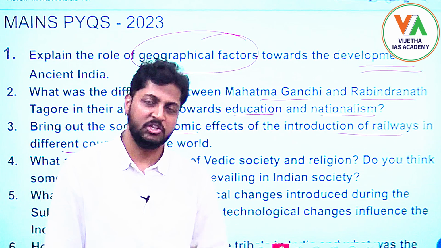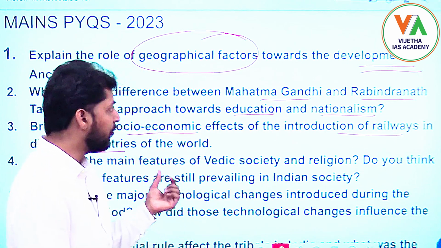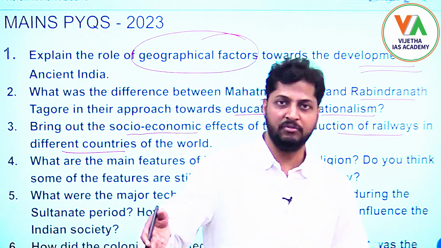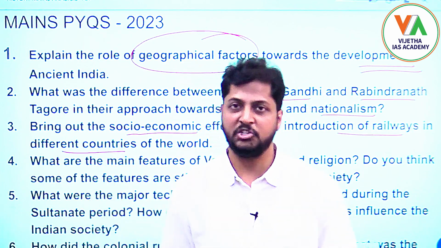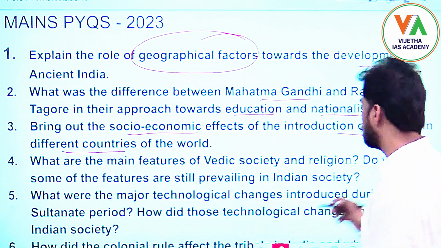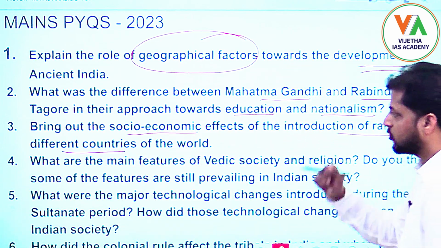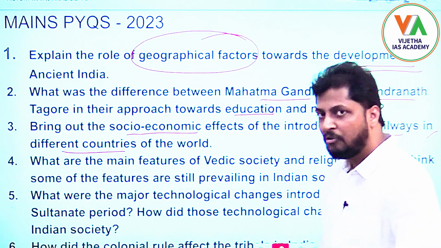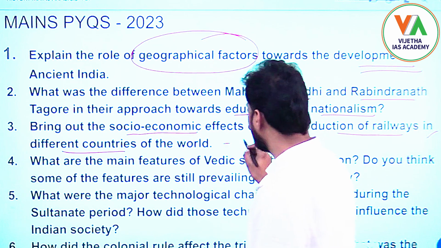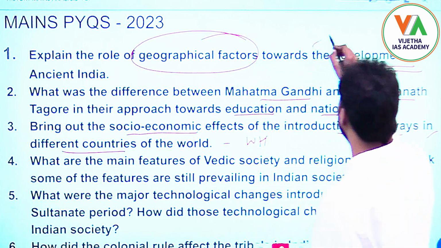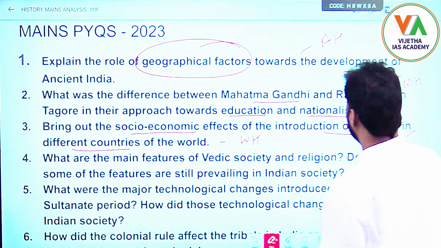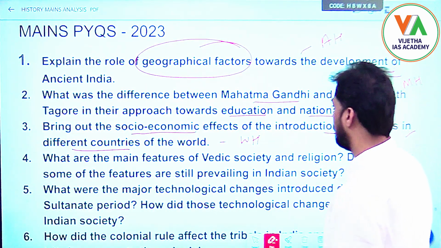Similarly, during the time of colonization, the European nations introduced railways to various parts of the world, which also brought socio-economic changes in those countries. So this question is about the socio-economic effects of the introduction of railways in those countries, which is part of world history. So this is from ancient history, this is from modern history, and this question is from world history.